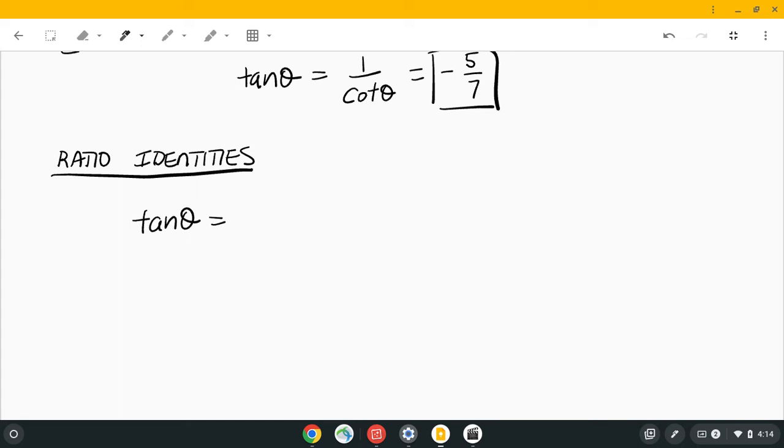It turns out that tangent is sine theta over cosine theta. That's an important thing to know. And cotangent theta equals cosine theta over sine theta, which makes sense since cotangent is the reciprocal of tangent. We take the reciprocal of sine over cosine, which will be cosine over sine.